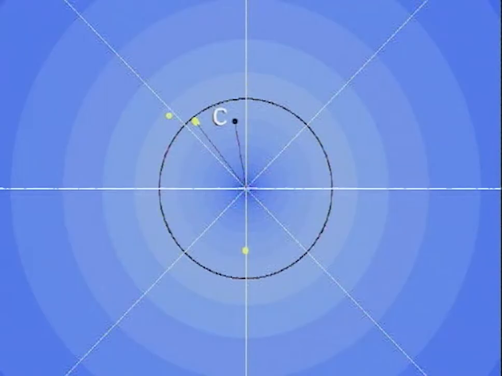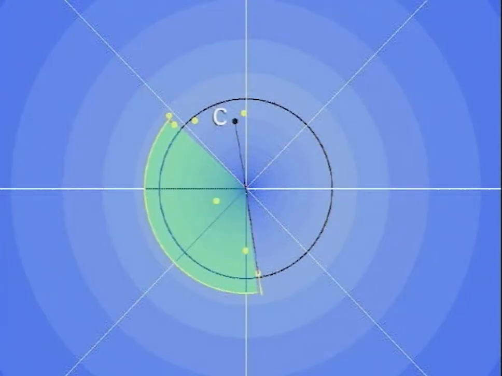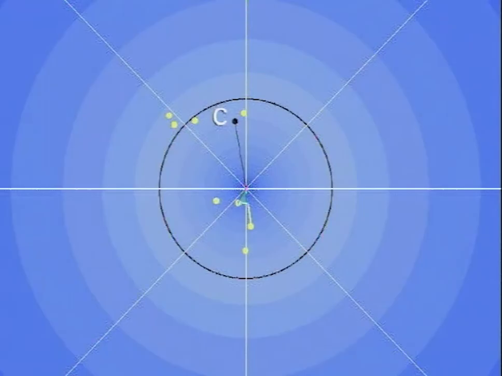So rho gives rho squared, theta gives 2 theta plus c. Square the modulus, double the angle, plus c. And we keep doing this operation to get the orbit of the initial value.